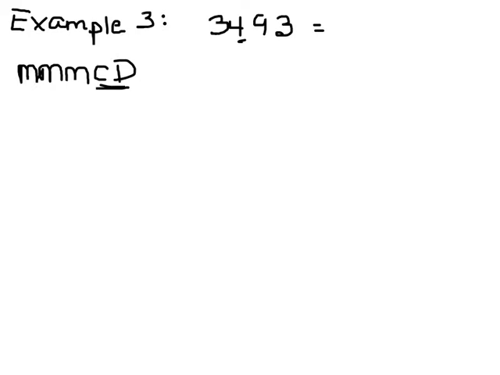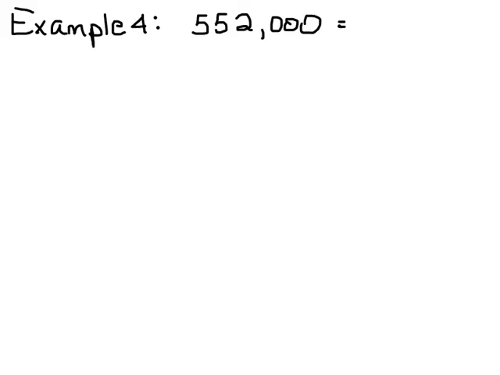Alright, 90. 90 is 10 less than 100. So the two of these are going to equal 90. And then we're going to have 3 ones on the end. So, see that? M, M, M, C, D, X, C, I, I, I.